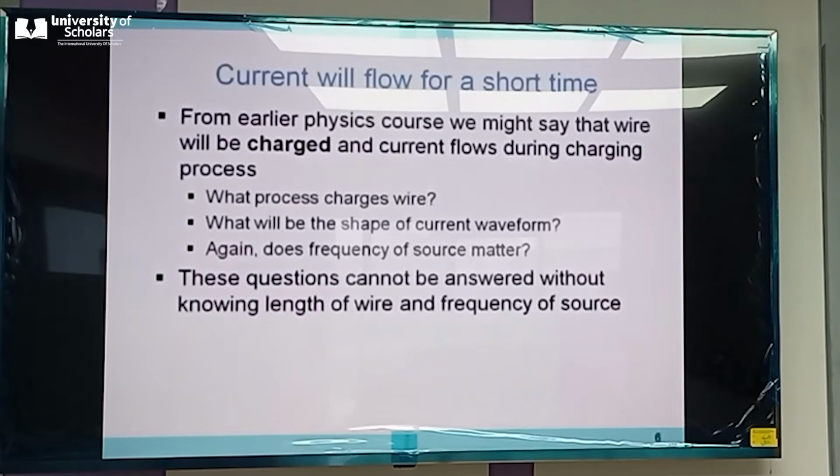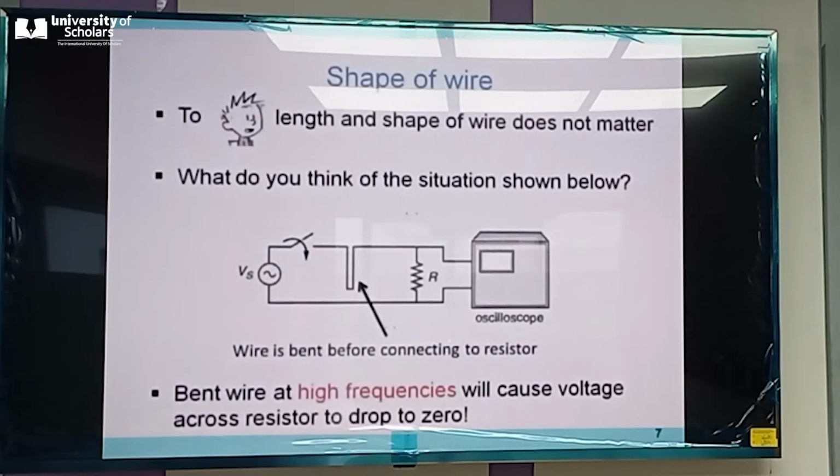So let's go to the shape of the wire. Let us look at the shape of the wire. This is something that you can do in your lab or in your house, provided you substitute certain components.